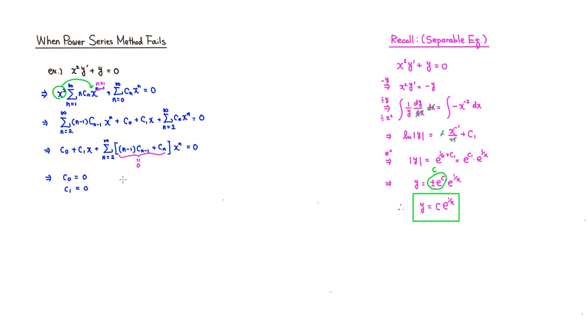Cn is equal to negative n minus 1 times Cn minus 1.